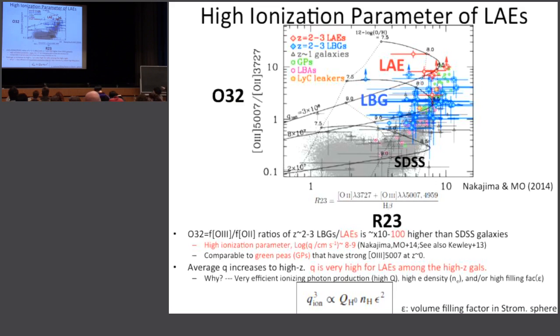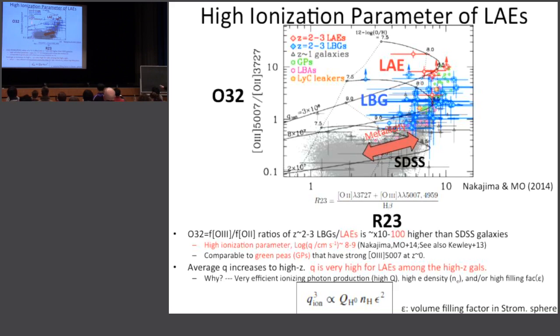This diagram is interesting because R23 is, as I said, a metallicity indicator. This solid line shows the photoionization model changing the metallicity. If you change the metallicity, it moves around here, but it never goes up like this. So what you need is to change the ionization parameter.